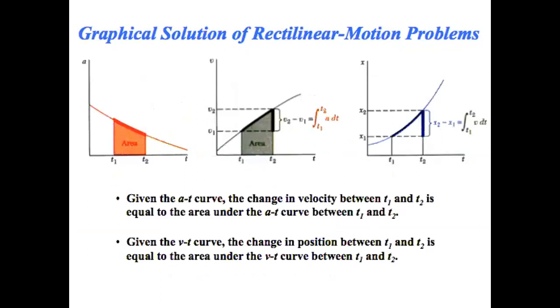Now vice versa, when we have the a-t curve, the change in velocity between t1 and t2 is equal to the area under the a-t curve between t1 and t2. We got the v. Also, when we have the v-t curve, the change in position between t1 and t2 is equal to the area under the v-t curve between t1 and t2. We got the x-t curve.